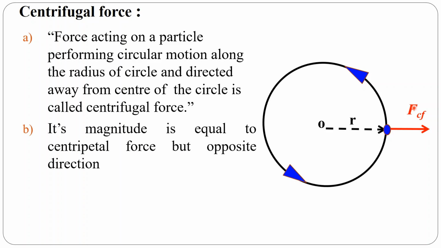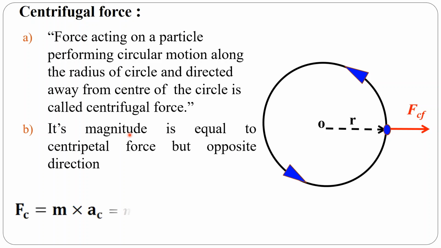Its magnitude is equal to centripetal force but opposite in direction. We already discussed centripetal force, which is directed along the radius and towards the center, but centrifugal force is along the radius and away from the center. So centripetal force and centrifugal force have opposite directions, but the same magnitude.